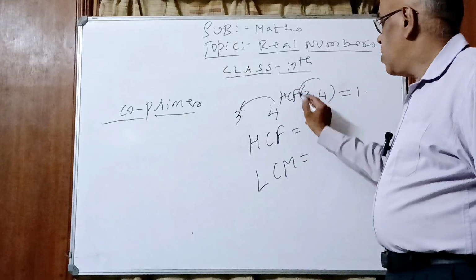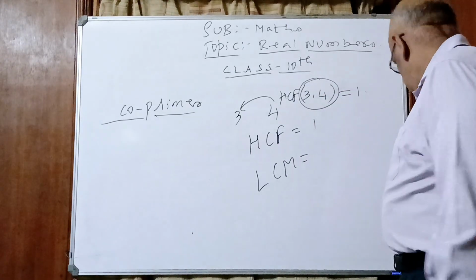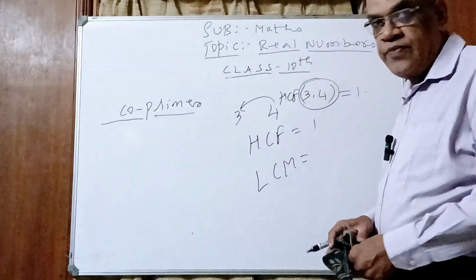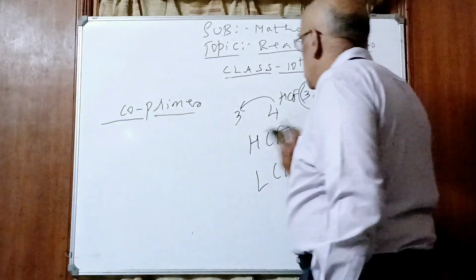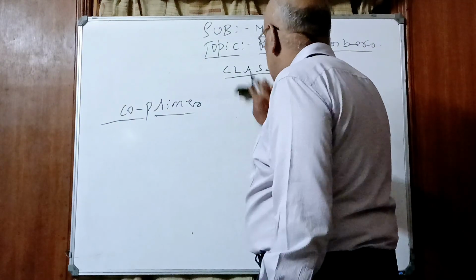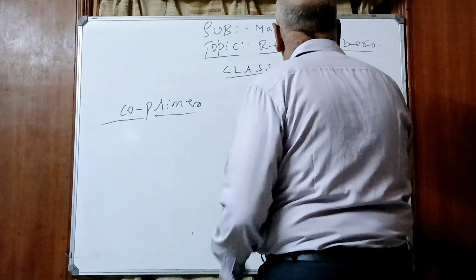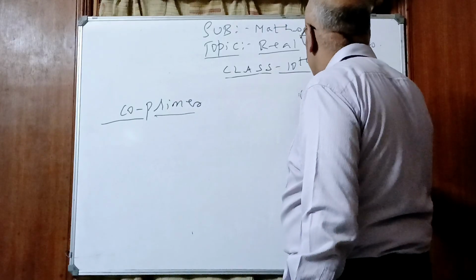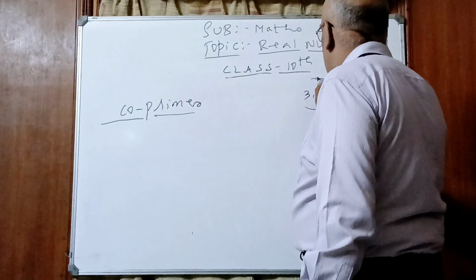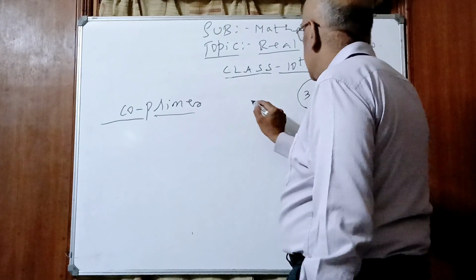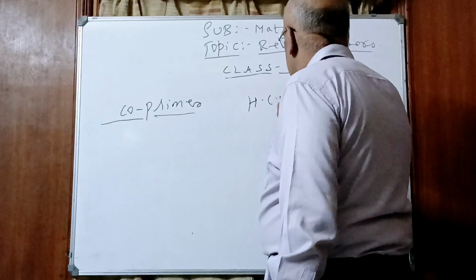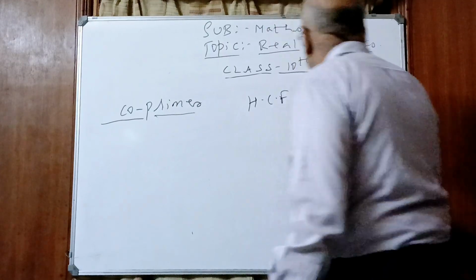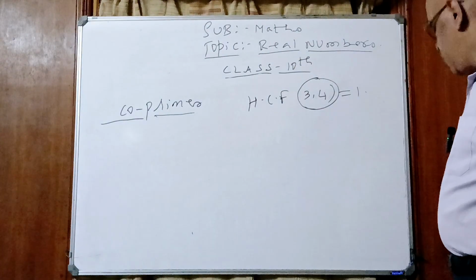The highest common factor of two numbers, children, should be 1. Then the numbers are called co-prime numbers. What are co-prime numbers? Numbers whose HCF is 1. HCF of two numbers 3, 4 is 1.